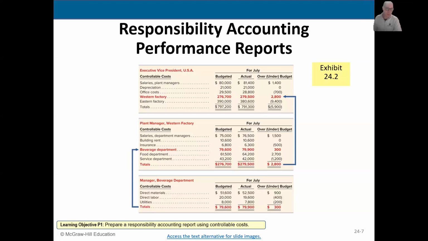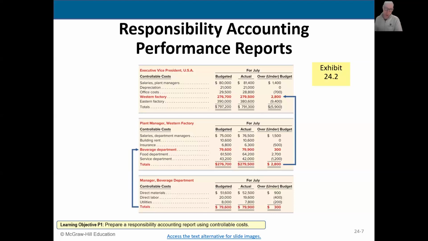But then there's this. You look at the division manager, the plant manager. Plant manager is 2,800 over. It could be a problem for that plant manager. That's kind of serious. It's a problem.